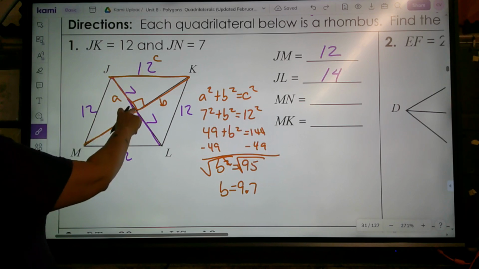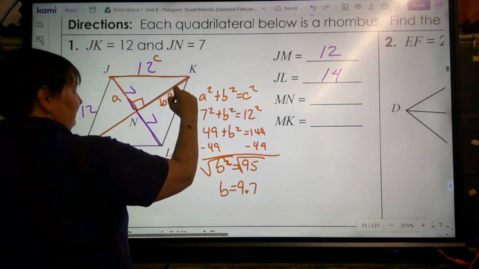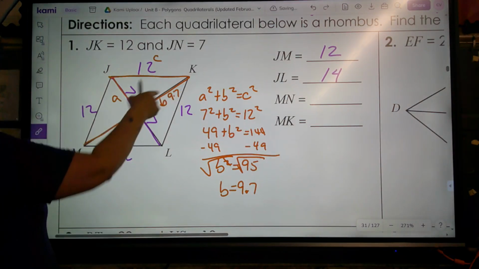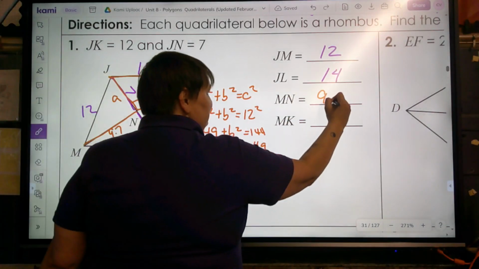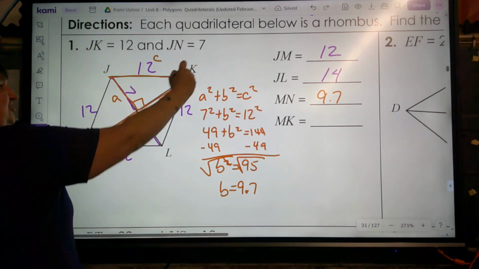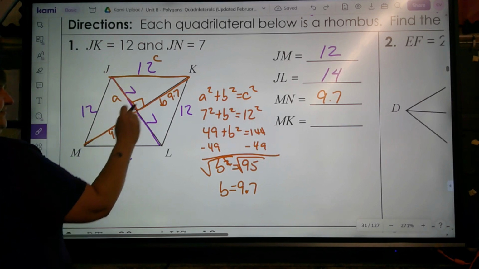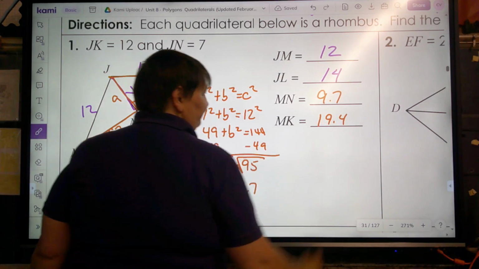So M to N, if B is 9.7 and we cut it in half, this is also 9.7. So M to N is 9.7. And M to K is the total. So it's 9.7 plus 9.7, which is 19.4.